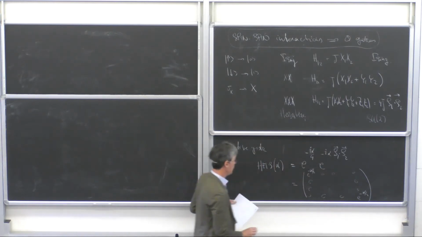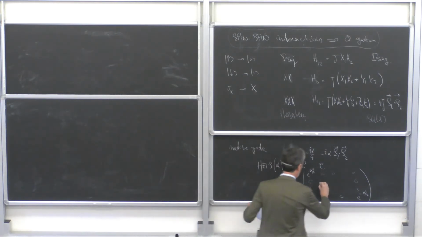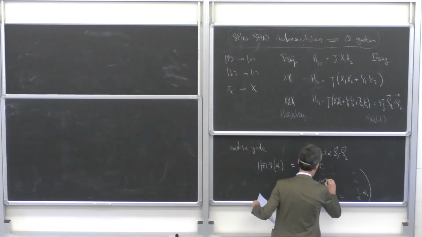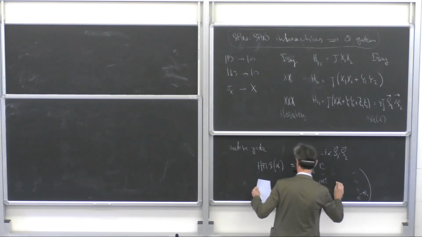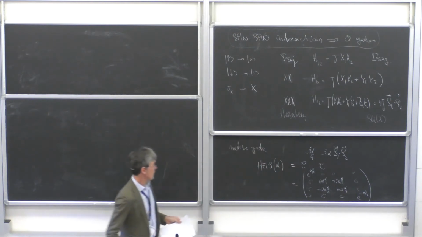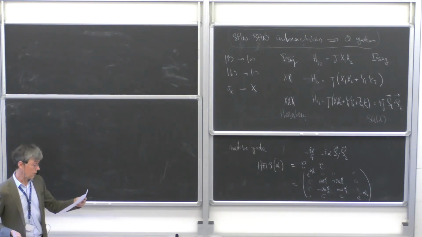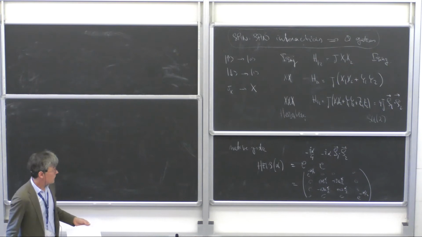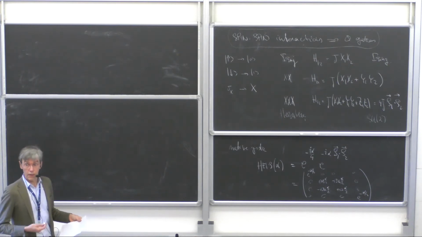And there's a 2x2 thing in the middle, which is actually cosine alpha over 2, then minus i sine alpha over 2, minus i sine alpha over 2, and cosine alpha over 2. So this is the matrix. This is a unitary operation that's given to me by the physics of SU(2) spins.